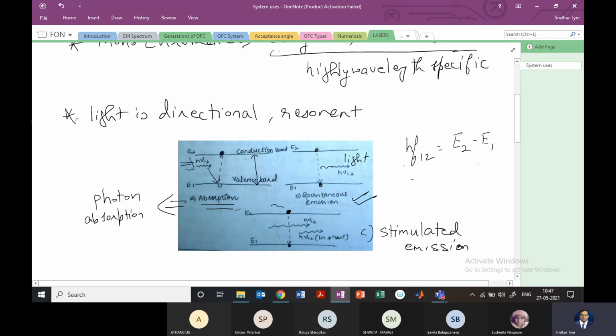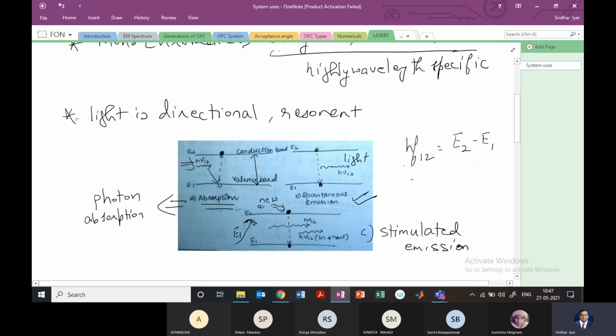Rather, we are giving an energy to this electron, some external energy or a stimulant, and because of this the electron falls down. Now this electron, when it falls down, should give out two energies. One energy is the energy it took to move from E1 to E2. So I'm drawing an arrow. It had taken some energy to move from E1 to E2, and then it should also let out this new energy.